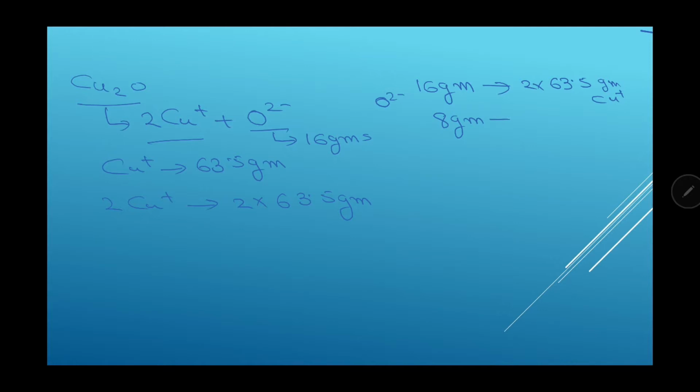So 8 grams will be displaced by 2 into 63.5 into 8 by 16, and that comes out to be 63.5 grams. So the equivalent mass of Cu+ comes out to be 63.5 grams.